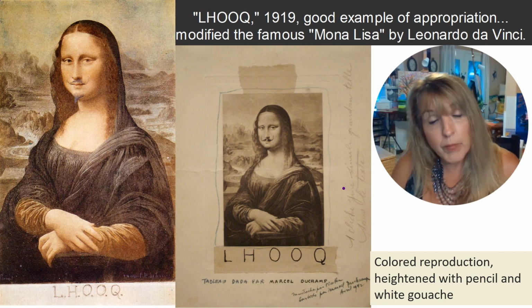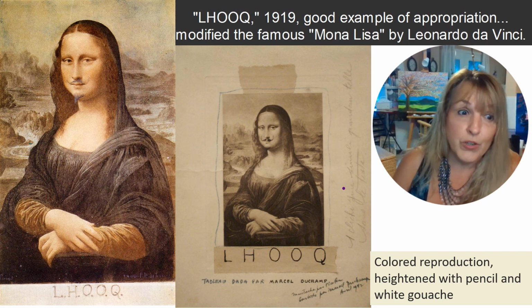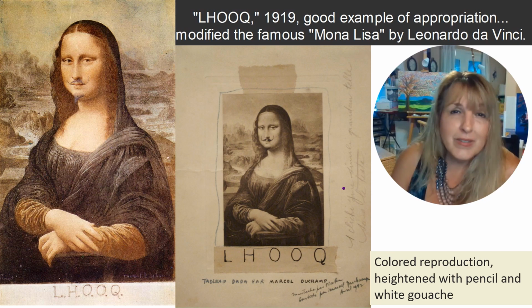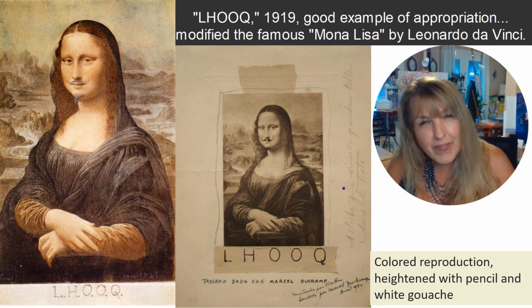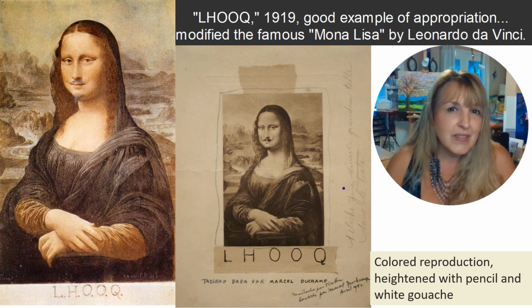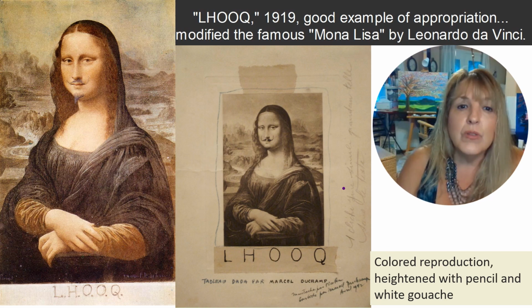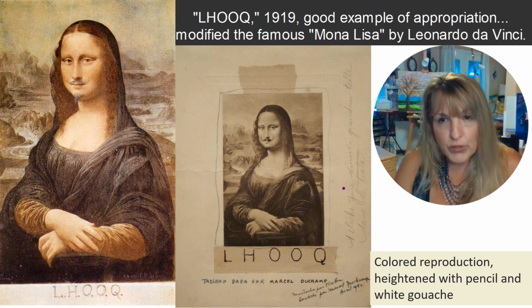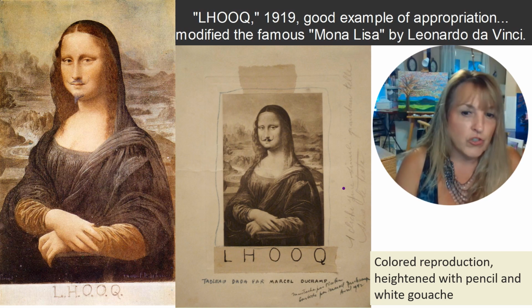So it's ironic because, first of all, she's sitting and we don't get to see her ass. But he also was, they love sexual punning, they love little jokes. So this is very Dada. And so this is a Mona Lisa that's been appropriated by Marcel Duchamp, L.H.O.O.Q.